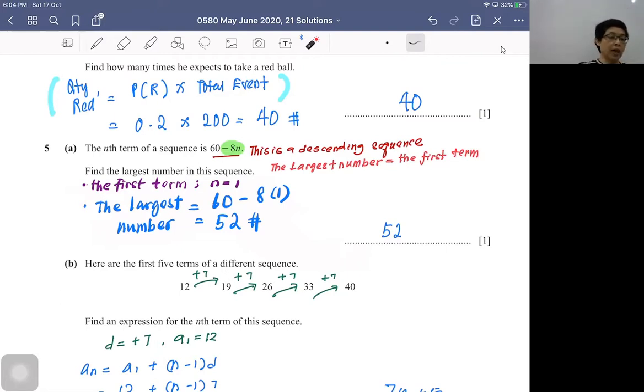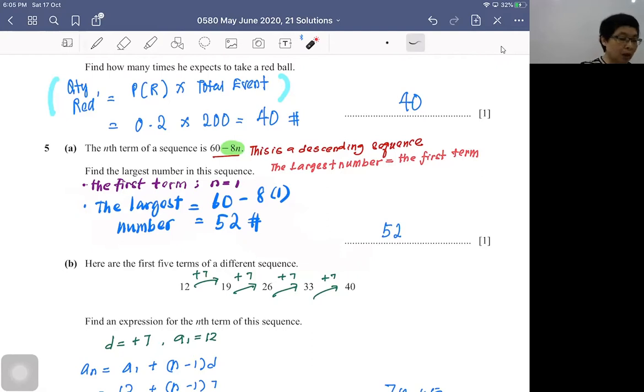Okay, if you look at the 8n portion, considering the first term, that means n is 1, and then 8 times 1 is 8, so 60 minus 8. And then if you look at the second term, when n is 2, 8 times 2 is 16, so 60 minus 16. You notice the number is getting smaller and smaller.